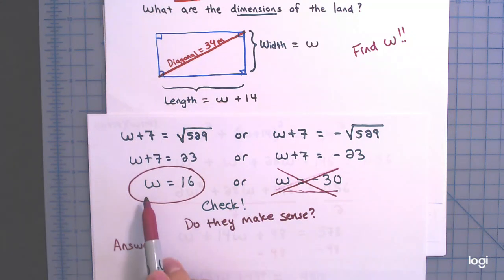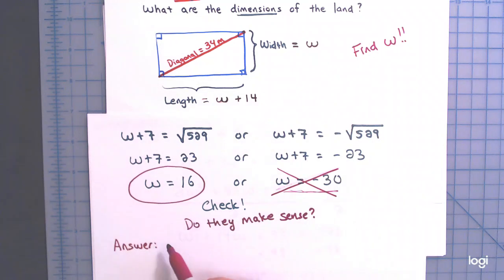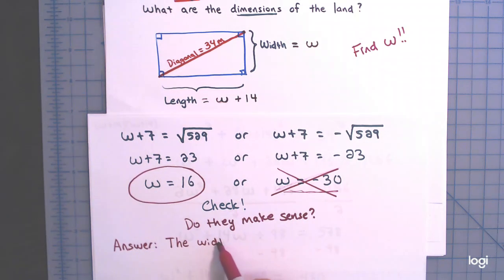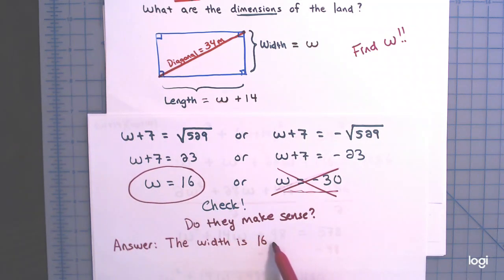we have W as 16. Remember, W represented width right here. So I'd say the width of the rectangle is 16 meters. All the lengths in the problem were given in meters.